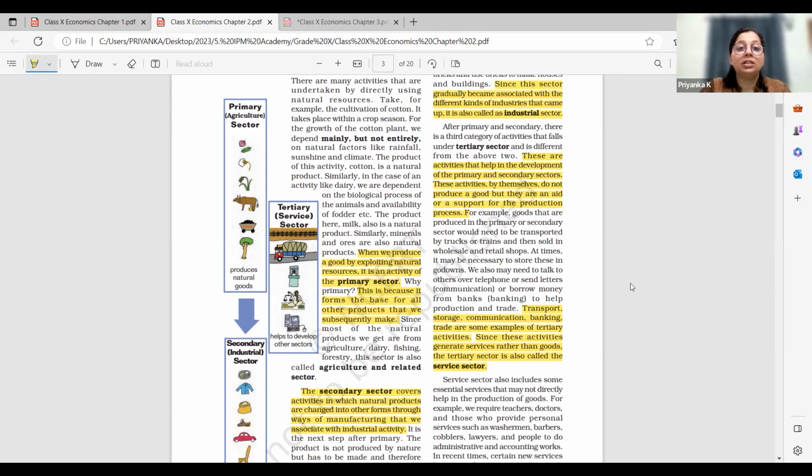There needs to be a transportation facility to take this finished good to the consumer. We need insurance. These days, insurance has become very important for individuals as well as business people to keep their health and their goods, whatever we hold, protected. So insurance has become a very important thing in our day-to-day life.